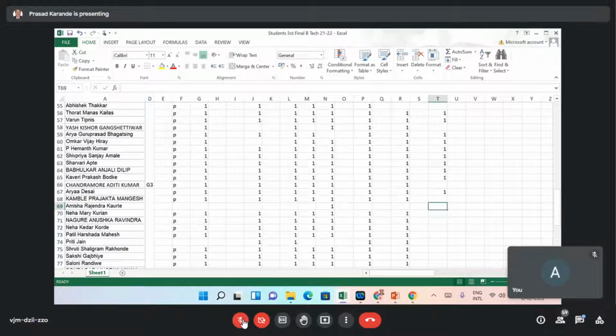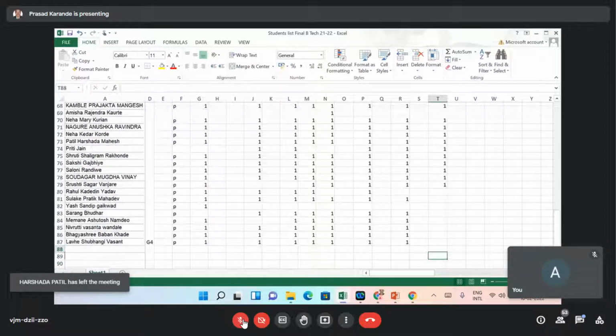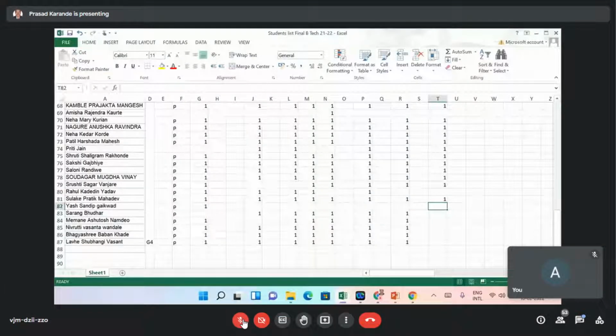Prajakta. Present, sir. Neha is there. Anushka. Present, sir. Harshada. Yes, sir. Priti. Present, sir. Sakshi. Yes, sir. Saloni. Present. Mugdha. Yes, sir. Srushti. Yes, sir. Okay, Rahul is not there. Pratik is there.